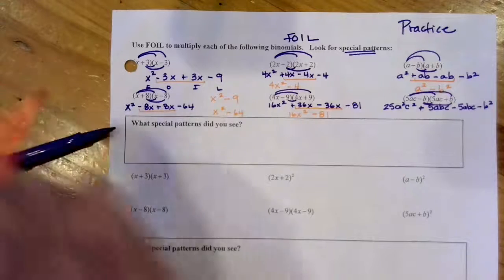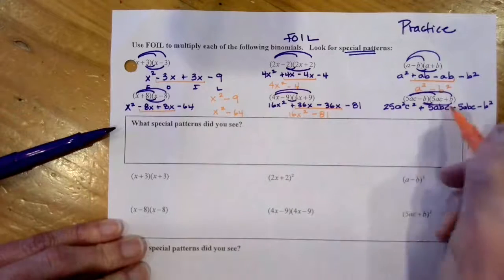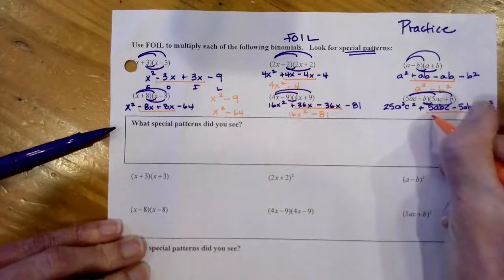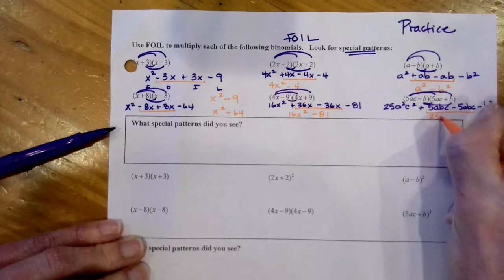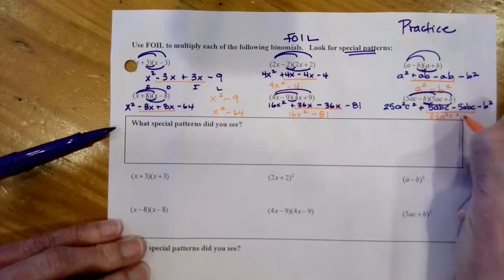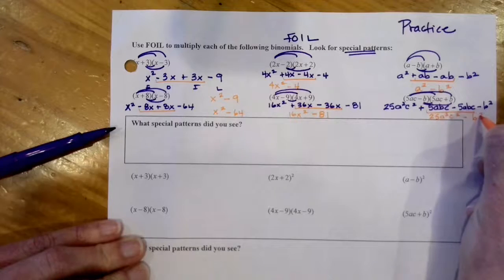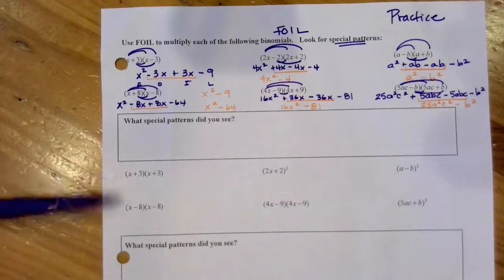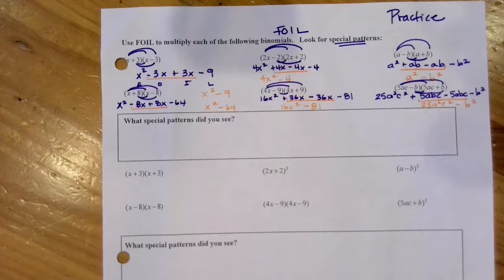Again, do you see? I have my zero pair, leaving me with 25a squared c squared minus b squared. So let's talk about the patterns that you see. Pause the video and talk about a couple things that you notice happened every time that this was true.